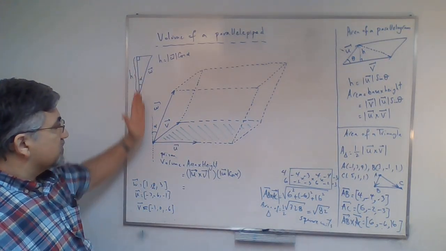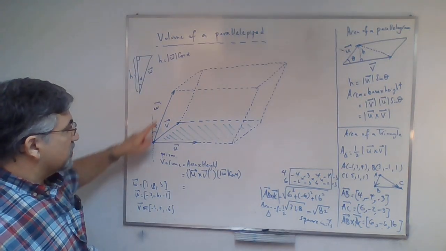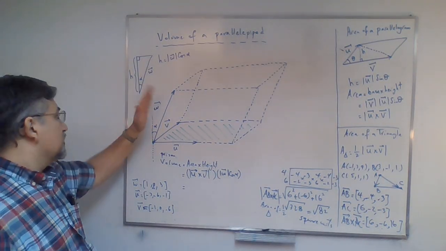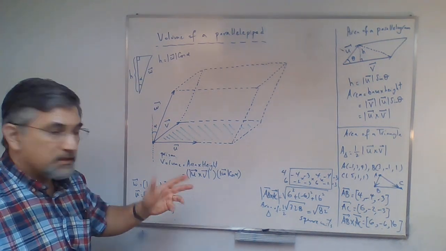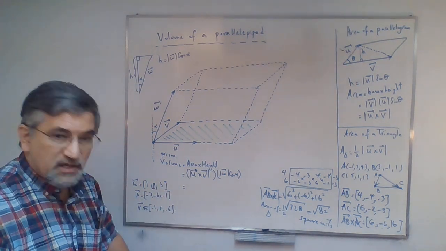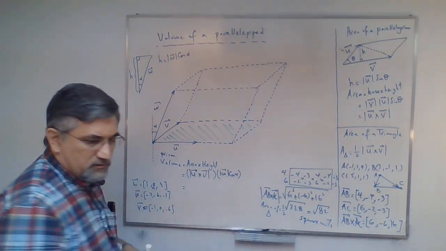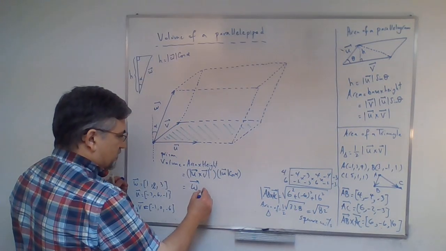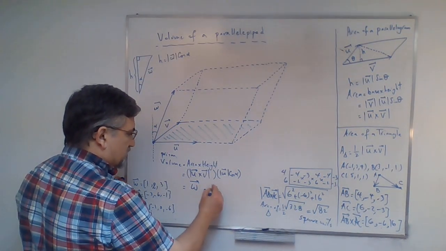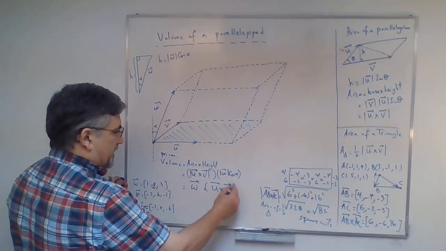So if this is the direction of u cross v and that is the direction of vector w, they are indeed making an angle of alpha with respect to one another. So this is perfectly matching the definition of dot product. So basically all I have to do is find the dot product of vector w with u cross v.